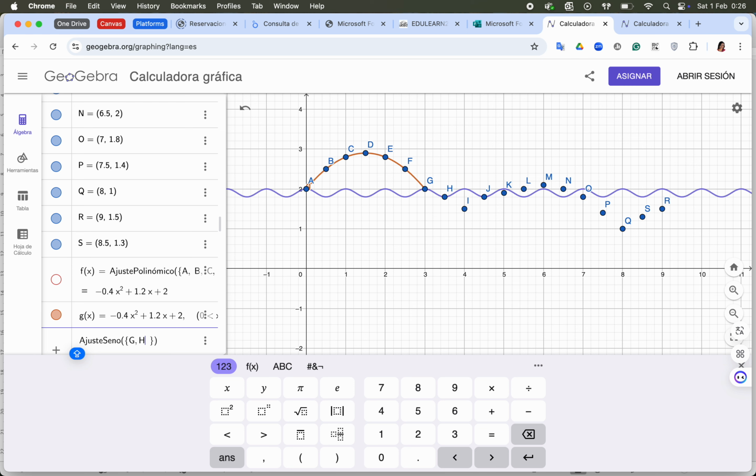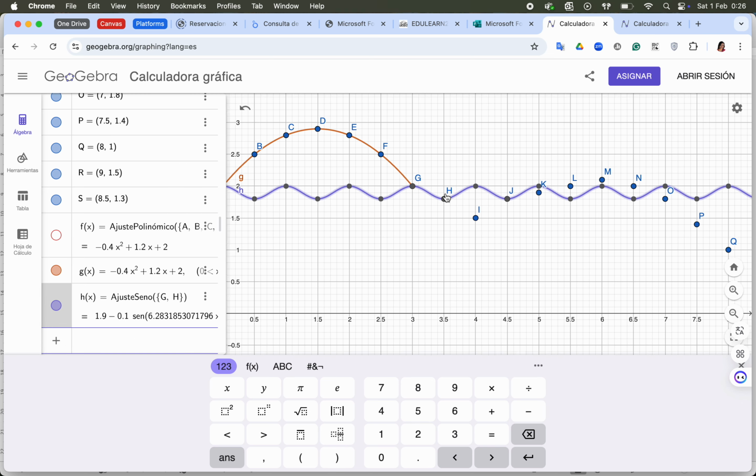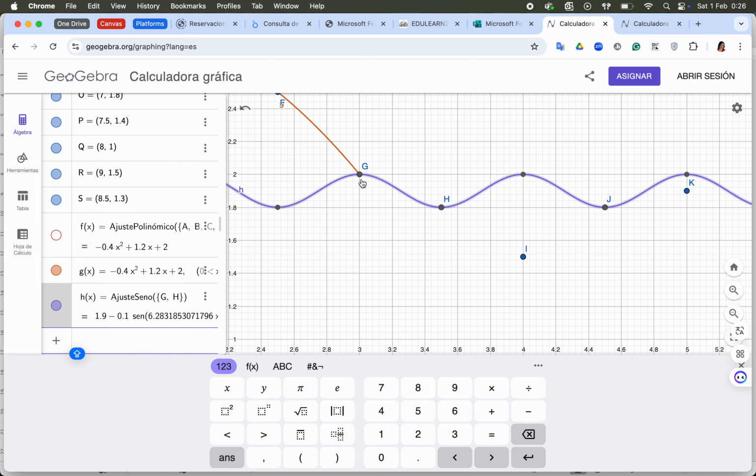So I'm going to keep only from G to H, okay? If I enter, and I am going to zoom in so you can see it, it fits perfectly from G to H.